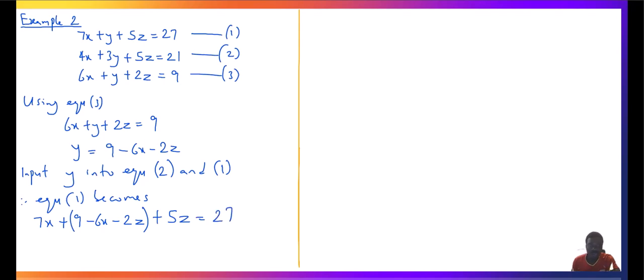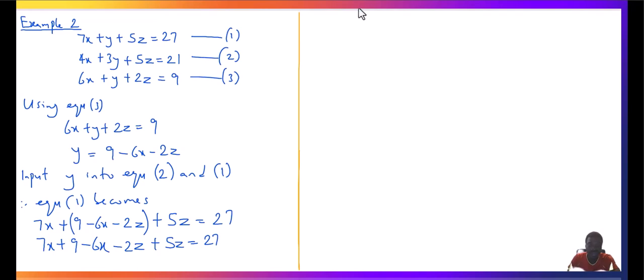So let's open the bracket. I have 7x because it's plus 1. When plus 1 multiplies everything, I have the same thing. So I have become plus 9 minus 6x minus 2z plus 5z is equals to 27. So from here, I can rearrange and also collect like terms.